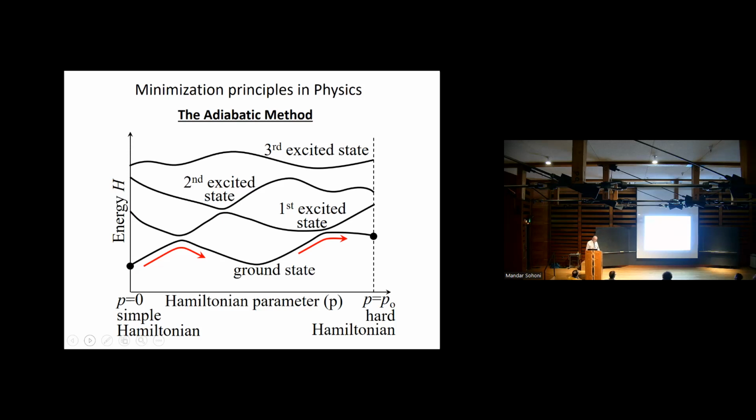I would say 70 to 80% of the papers are using the Onsager principle, often without knowing it, and maybe 20, 30% are using the adiabatic method, but that's largely a company called D-Wave that originally claimed to have a quantum computer, but it's now recognized that it's using the adiabatic principle.